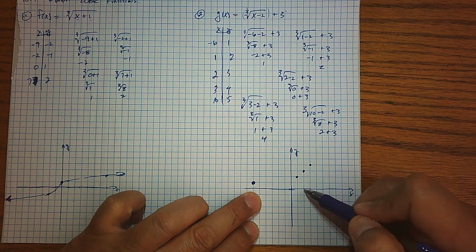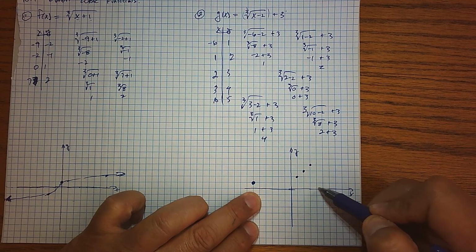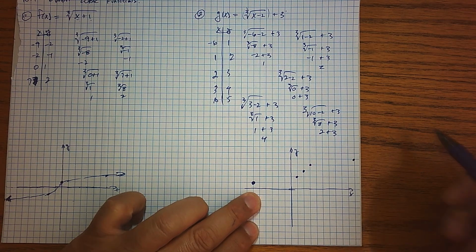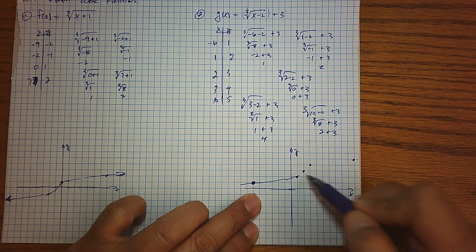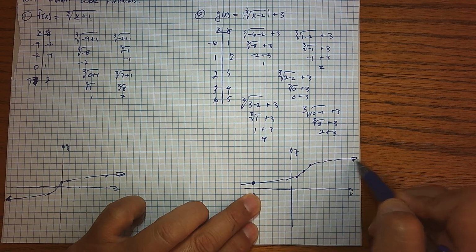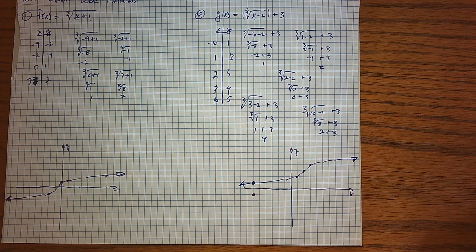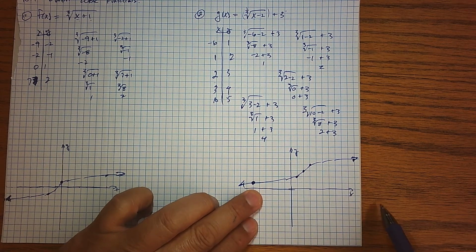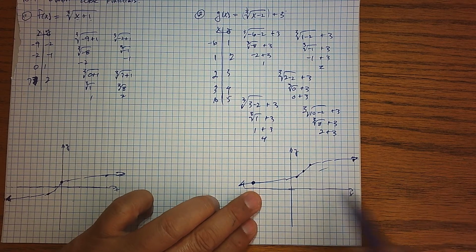And then we have 10 and 5. So again, you can start seeing that nice looking classic S shape, classic cube root shape. And so here would be our graph of that function. Nice strong function in terms of domain and range. So that's how you graph cubics.